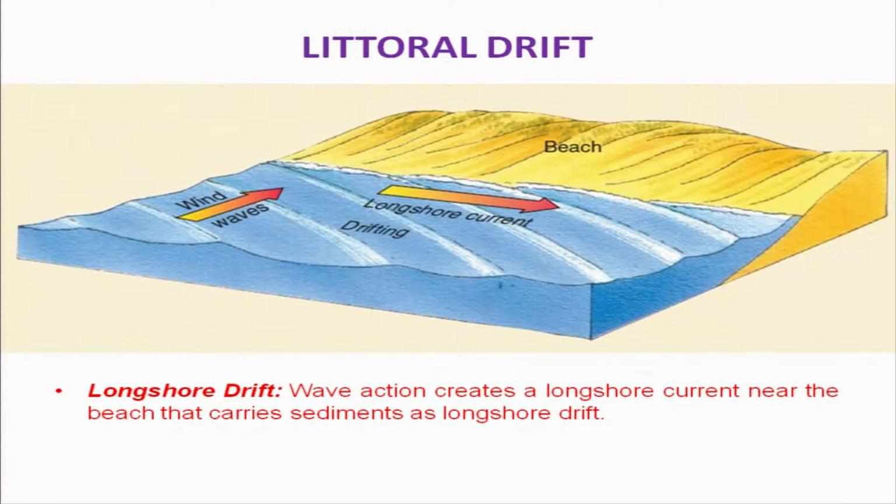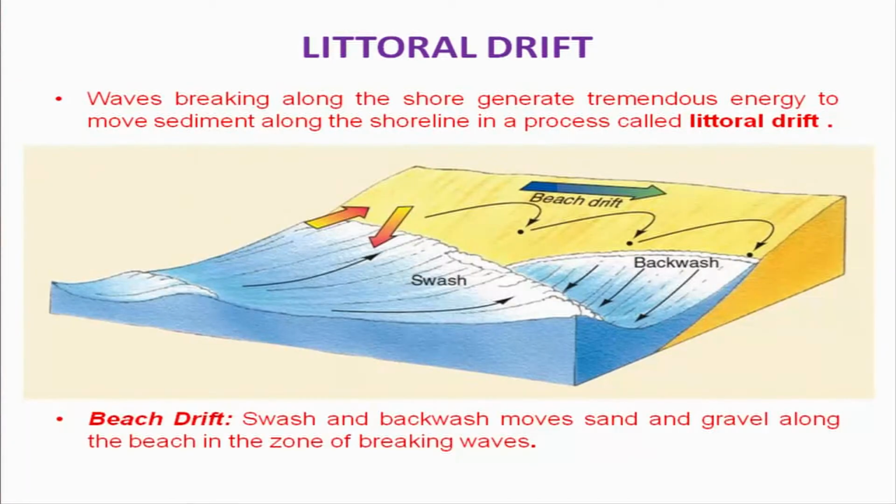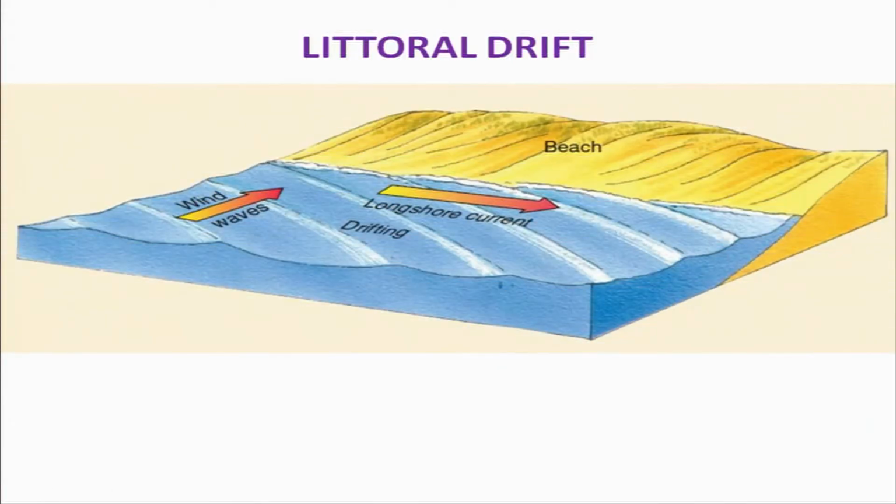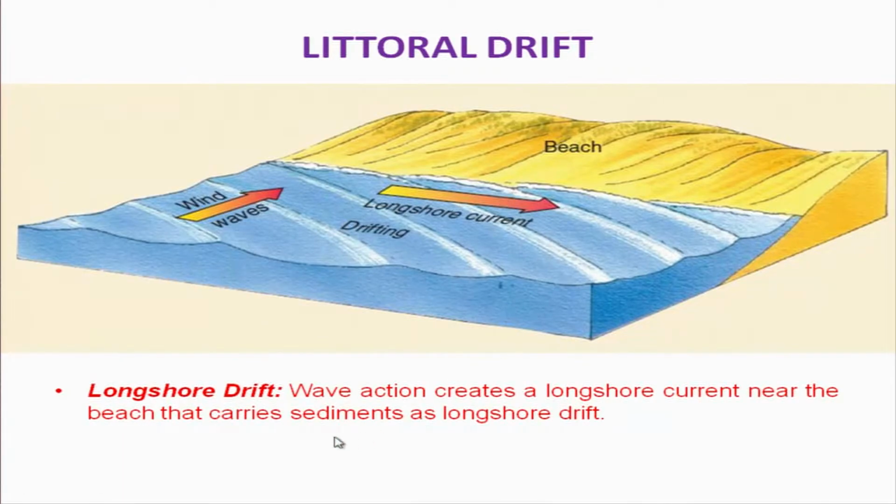So we have seen in the previous one, this is your beach drift where you have the swash and the backwash, whereas in the longshore drift you have the currents which carry the sediments along the beach.